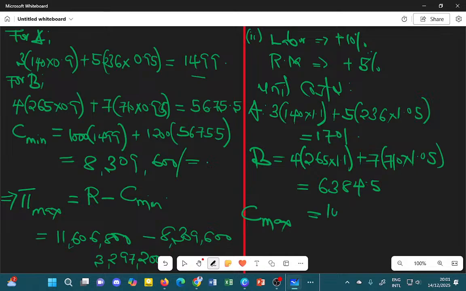So our total maximum cost, which we refer to as Cmax, will be 1000 times 1701 plus 1200 times 6384.5. This gives me the total maximum cost to be about 9,362,400.